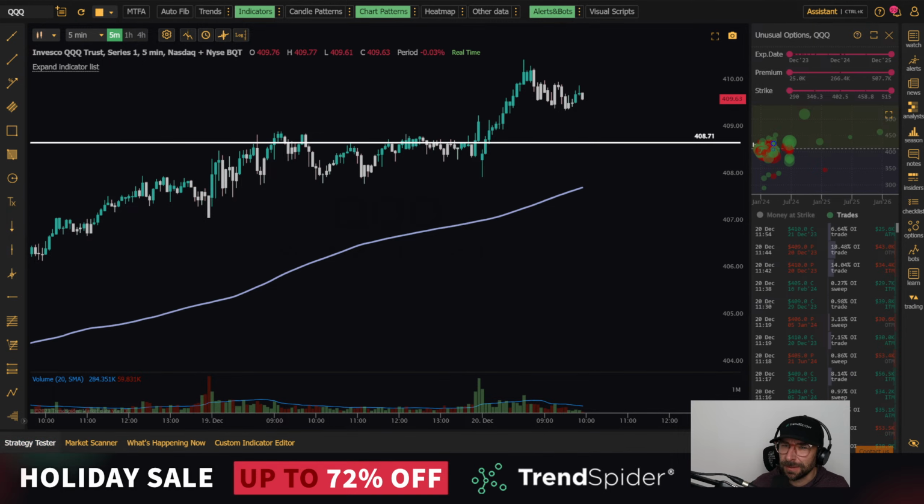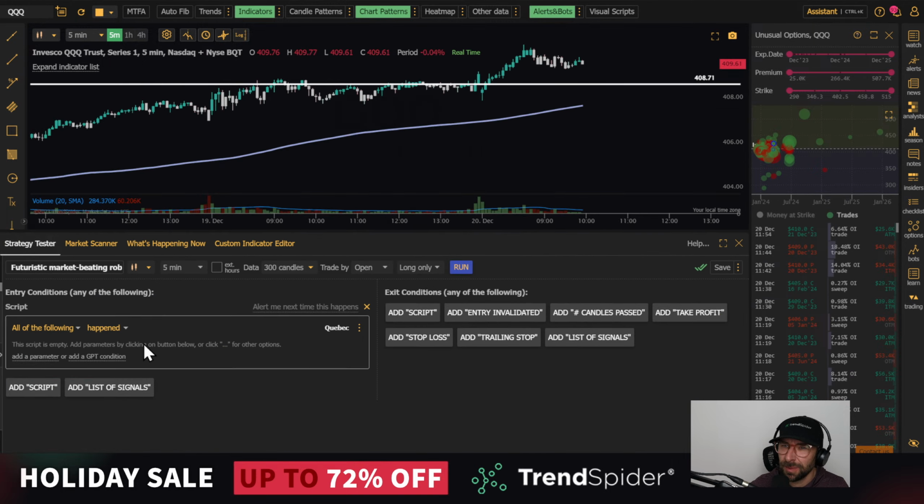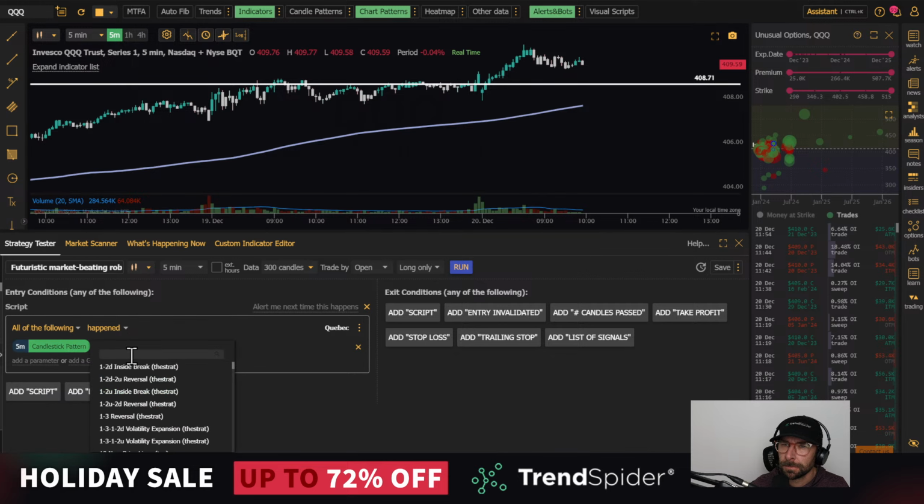Let me see something. This just made me think of something. It would be interesting if we could include Heikin-Ashi candle patterns, and then you could just define the candle pattern.